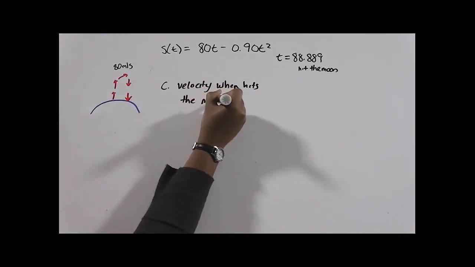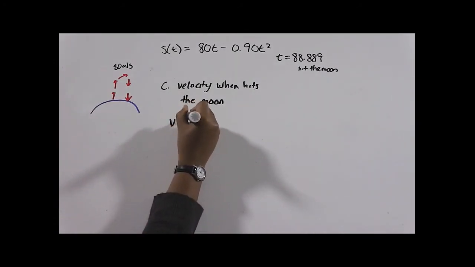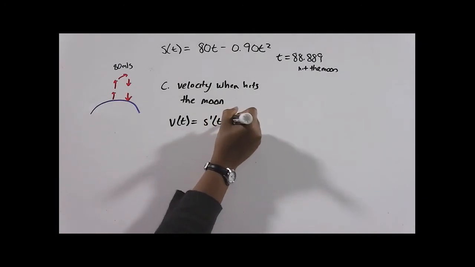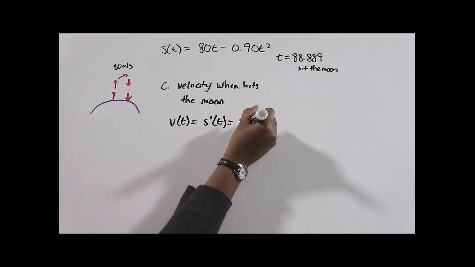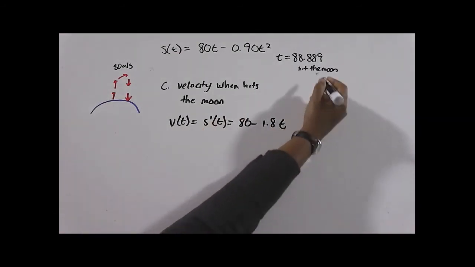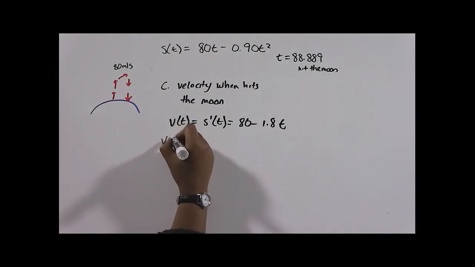Well, we remember that the velocity of the arrow is equal to the derivative of the position, which is 80 minus 1.8t. And we now know the time it hit the moon, so we can just plug that time in to find the velocity at that time.